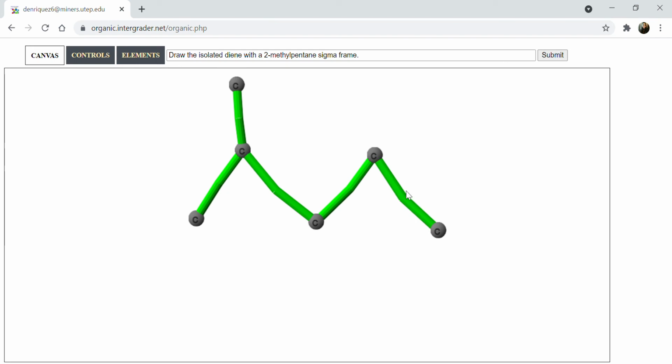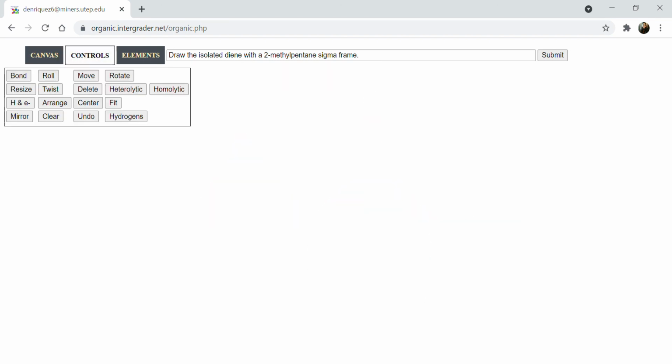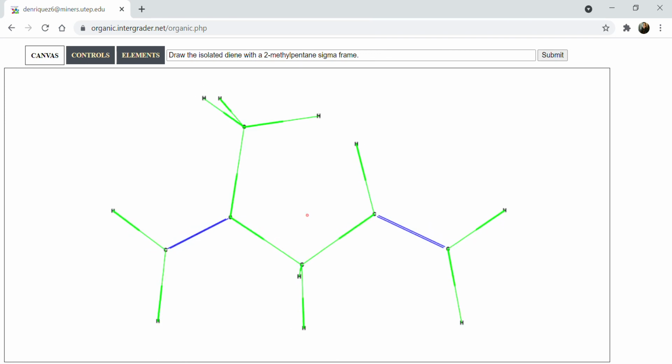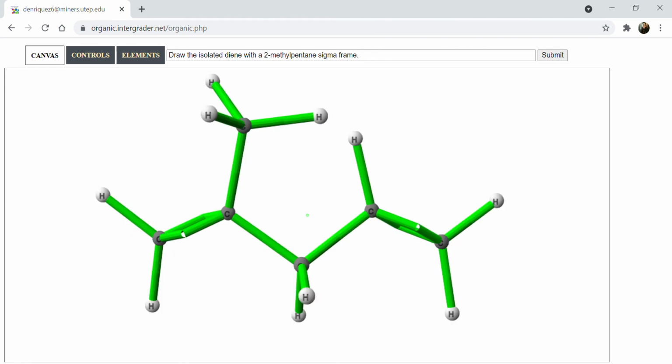So I just put that one here at the 4 position and then at the 1 position. And this is the 4th position because the smallest numbering scheme, we want the methyl closest to the number 1. So it would be 1, 2, 3, 4, 5. Add our hydrogens. And this is an isolated diene with 2-methyl pentane sigma frame.